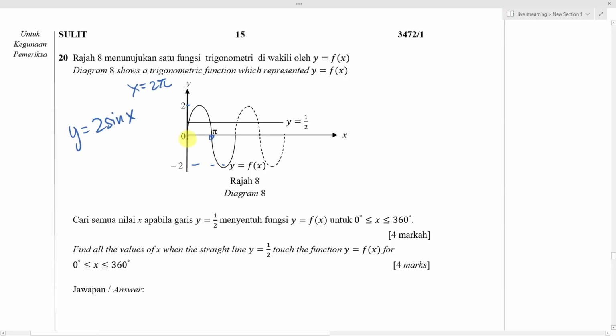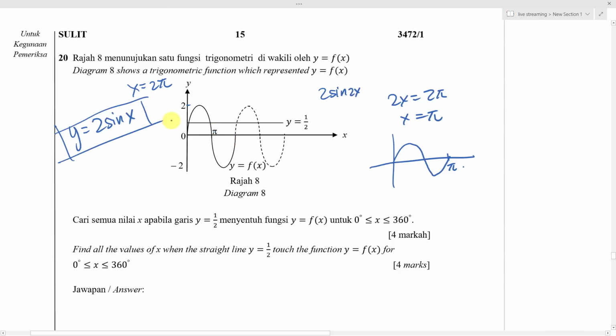That means one cycle ends at 2 pi. Makes sense. If you say 2 sine 2x, I want to find my period, right? 2x equals 2 pi, x equals pi. x equals pi means your sine graph, one cycle will end at pi. So like what I said just now, if I erase this pi and put it over here, then the marking scheme makes sense. But over here, I will just use the correct one.